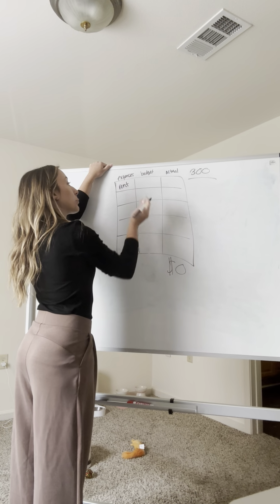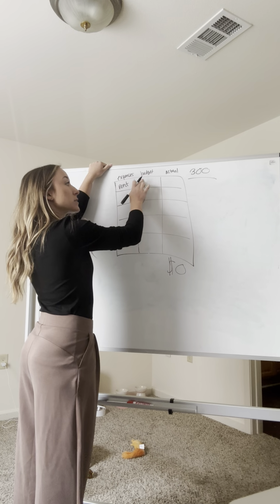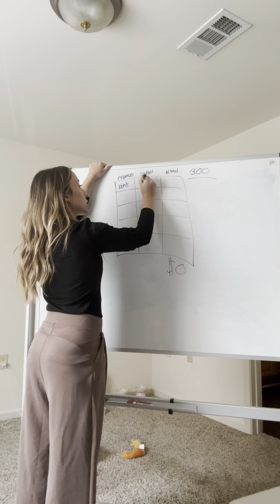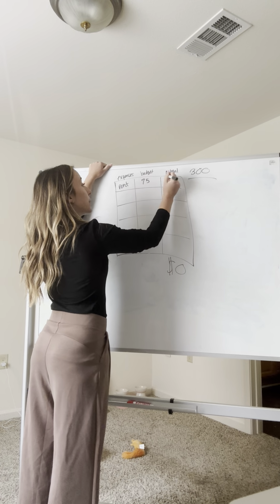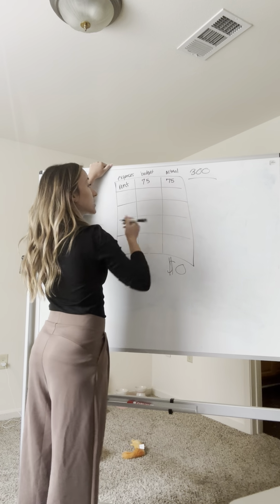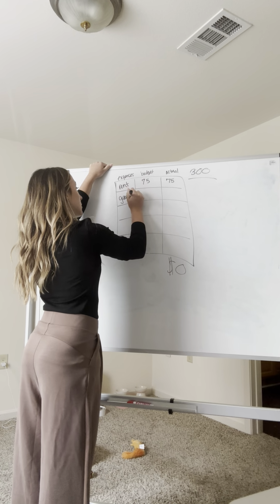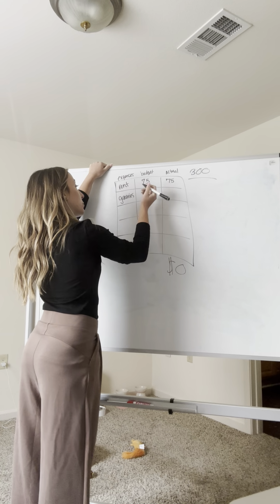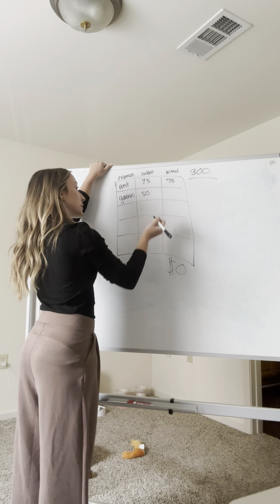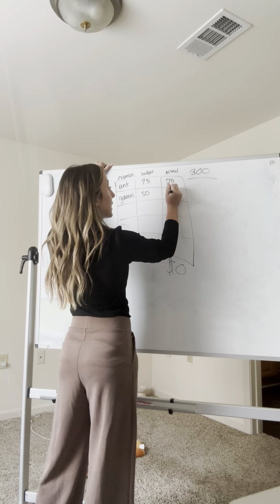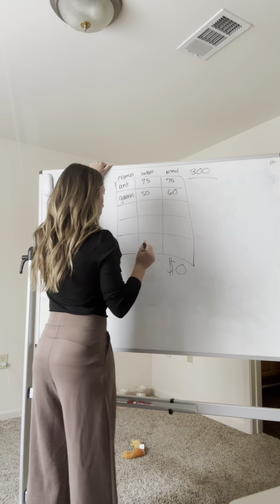Okay, so let's say our budget for rent was, we said, okay, rent is gonna be $75, and we ended up paying $75 for it because it doesn't change. Then let's say groceries. Let's say we budgeted $50 for groceries and we ended up paying $60, okay?